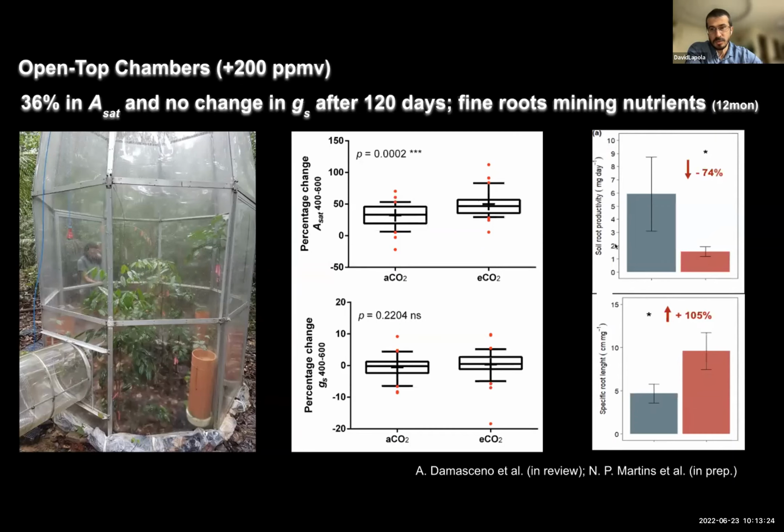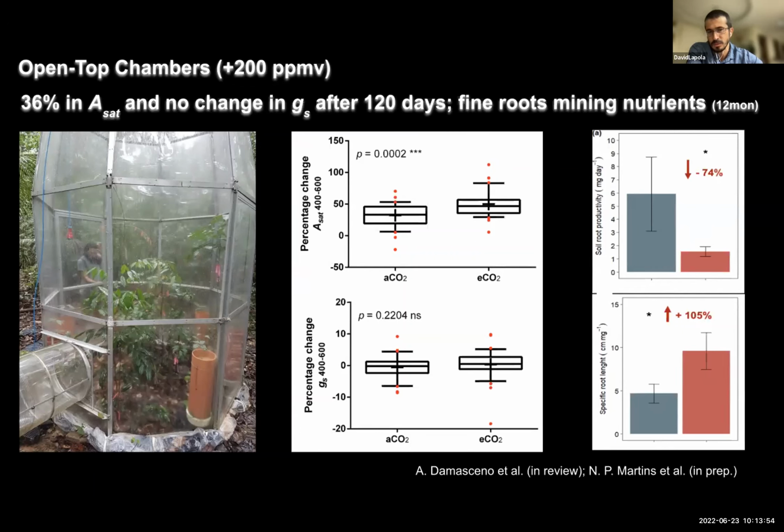Interestingly, in the OTCs, we are seeing, even though in a different time horizon now, this is a 12 months long monitoring of roots in the soil and in the litter. In the soil, we saw a reduction of root productivity, but a very significant increase in root length.